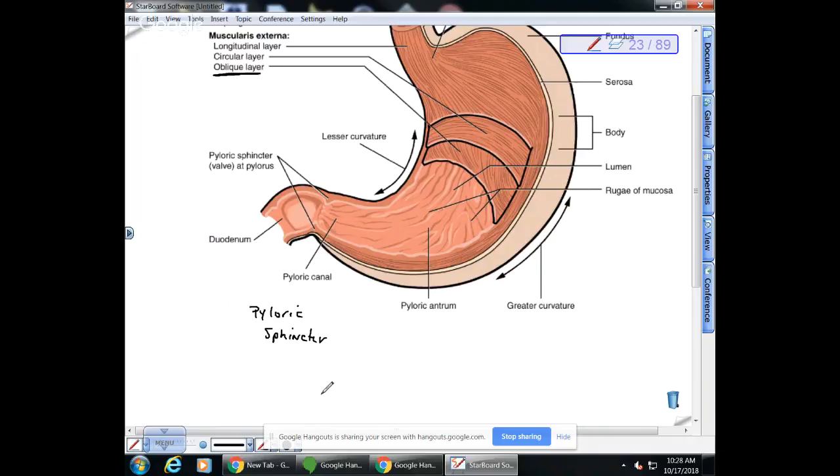So this prevents excessive chyme. Chyme is a term you need to know, C-H-Y-M-E, and that is gastric juice plus food.